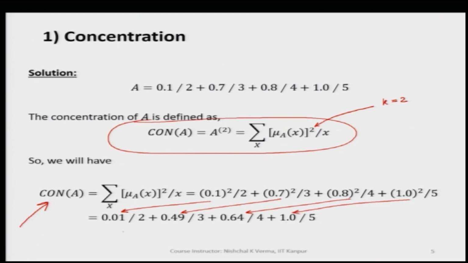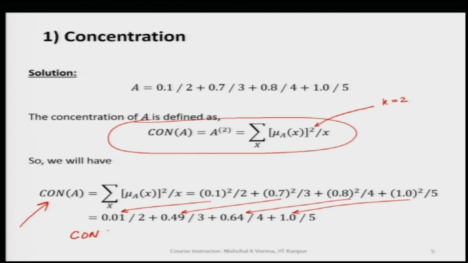This way we get a new expression of the discrete fuzzy set, with modified membership values corresponding to the generic variable values. So we get the concentration of the discrete fuzzy set.